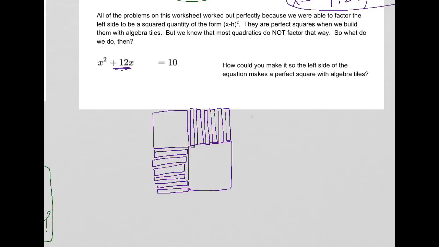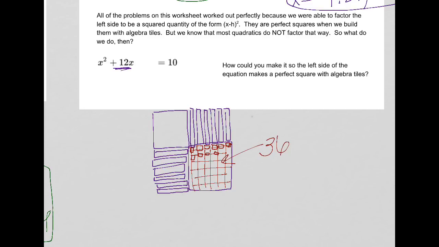Well, it's going to be filled with 1 tiles, and how many of them are there going to be? Well, I could fit 1, 2, 3, 4, 5, 6 in a row, right? And there would be 6 rows of those. So without drawing them all, 6 by 6, I'm going to have 36 tiles there.